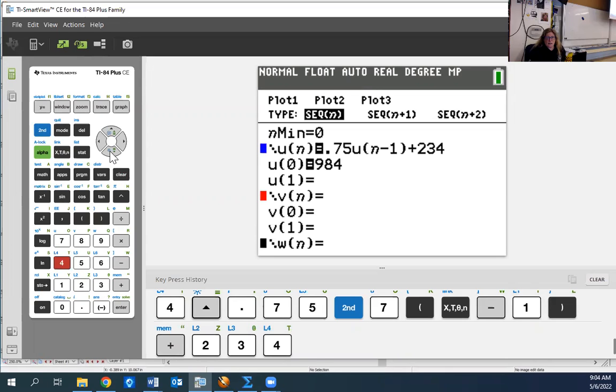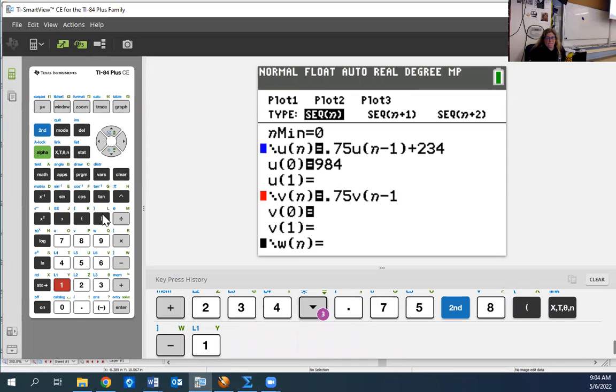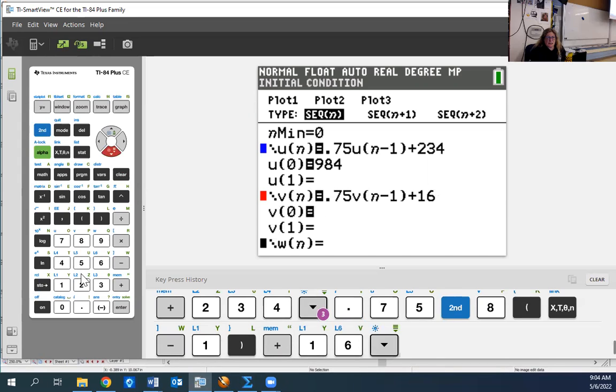And then now we're going to go down to 0.75 times d sub n minus 1 plus 16. And we start with 16.